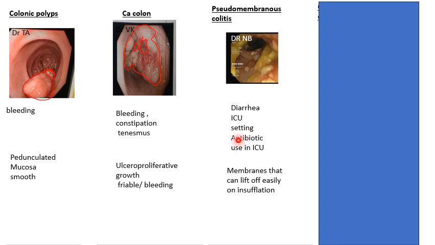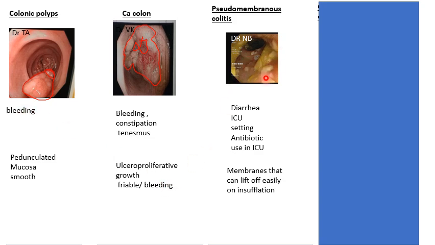Most important, the word antibiotic will come most of the time in your stem. If they don't use the word antibiotic, they will take you to a sick patient. Whereas here and here, they may not. These are the clues that will help you catch your images.